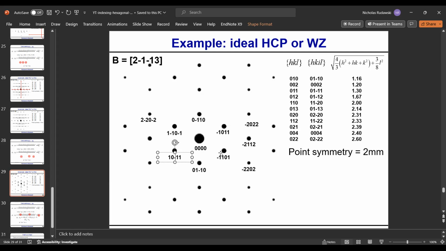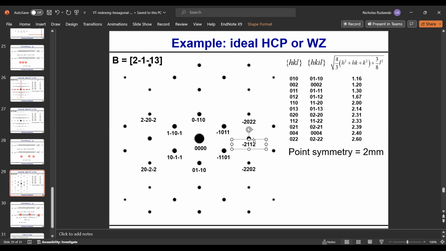One bar, 1. 2 bar. Oh, sorry, 2, 0, 2 bar, 2 bar.